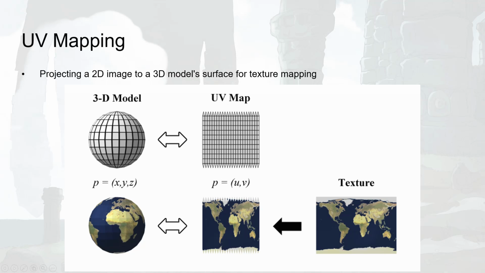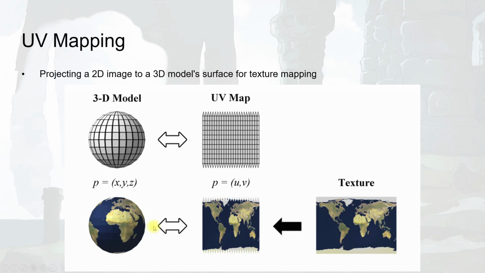And UV mapping, so this means projecting a 2D image to a 3D model surface for texture mapping. So when we get a 3D model like this, we can see the UV map of it in a 2D texture like this. You can think of it as a conventional map.